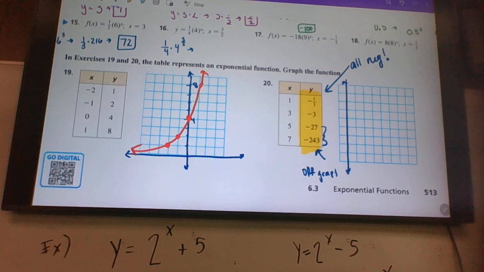Our x's go from 1 to 7. So, I'm going to go 1, 2, 3, 4, 5, 6, 7.